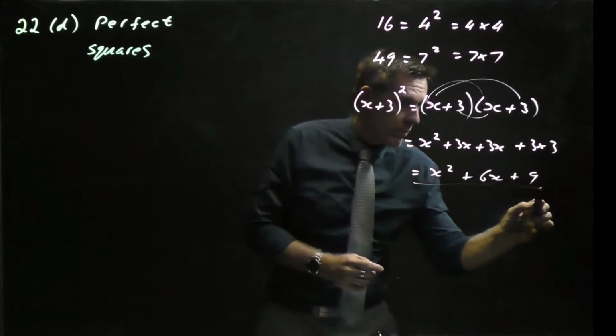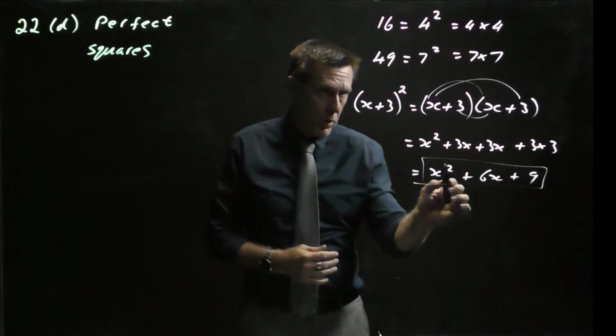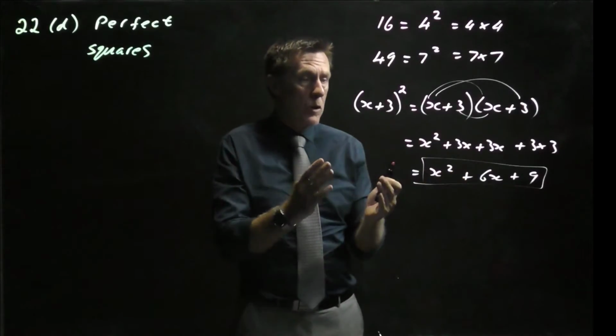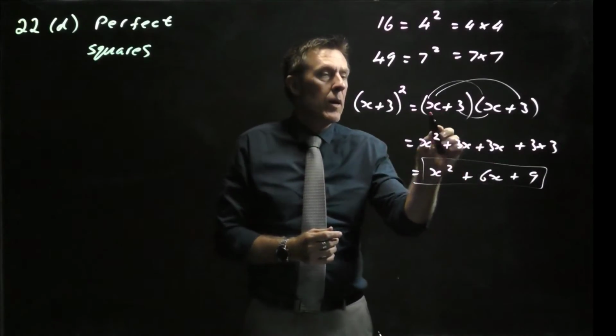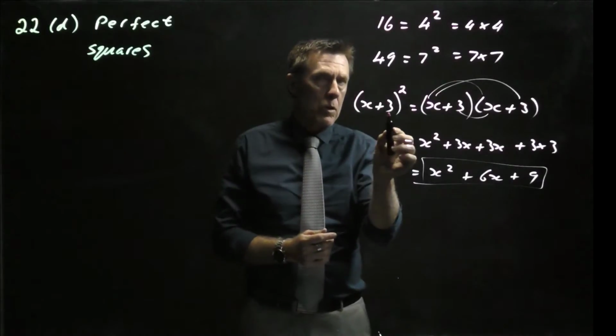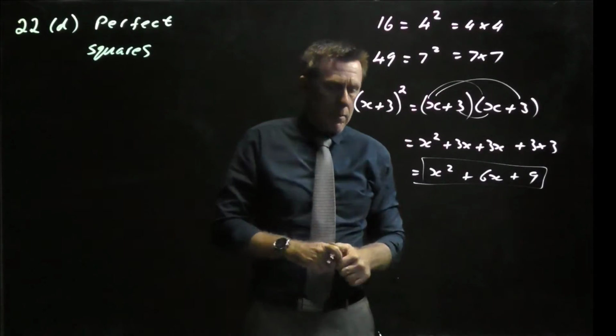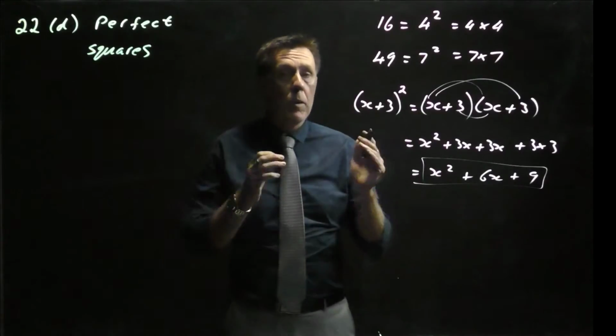This here is called a perfect square. It's a quadratic because it's got x squared in it. Why is it a perfect square? Because it came from originally one number times by itself, x plus 3 squared. Not every quadratic is a perfect square, but the ones we're playing with at the moment are.